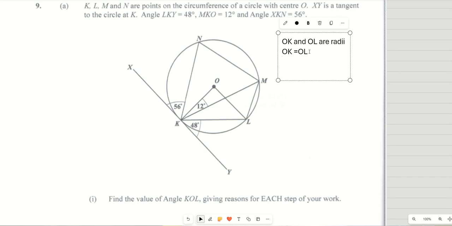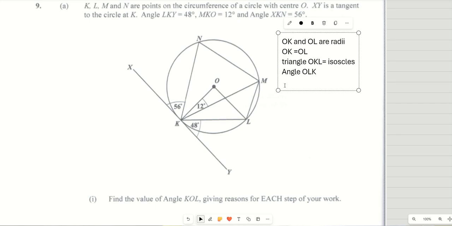That means that triangle OKL is isosceles. Also, looking at the triangle, that means that angle OLK is equal to OKL. OLK, that's this angle right here, is equal to OKL. That's this angle right here.